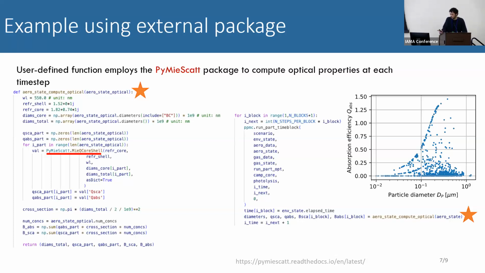We can follow this star here on the screen and see where this function is actually being called in the time-stepping loop. And then we can use matplotlib or any other visualization library that we'd like to see some cool results based on this simulation.